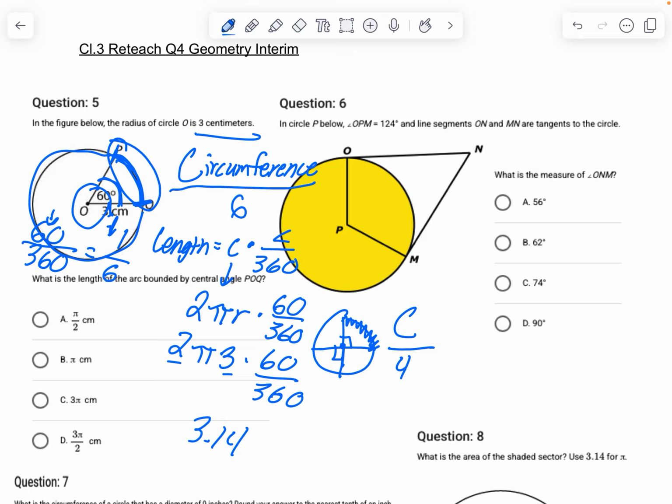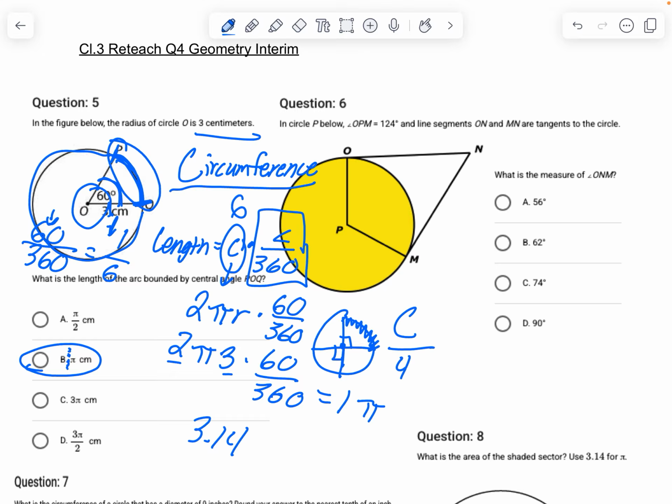If we just multiplied 6 times 60 over 360, we would have gotten 1, which is super nice. So we'd have gotten 1 times pi, which is just B. We can see this invisible 1 in mathematics. So anytime we want to find a part of a circle, we always want to figure out if we need to use circumference or area and multiply it by the section we want. The section is just based on our angle measurements, which is super nice, okay?